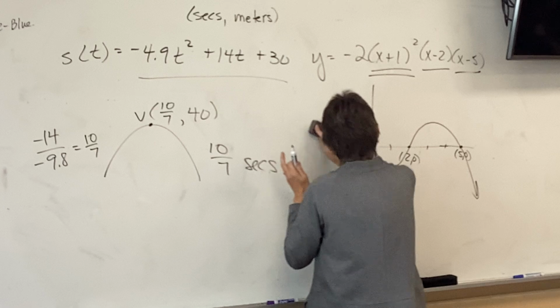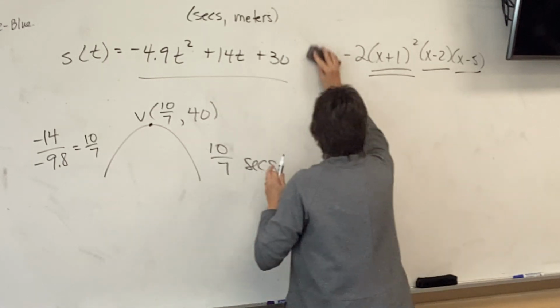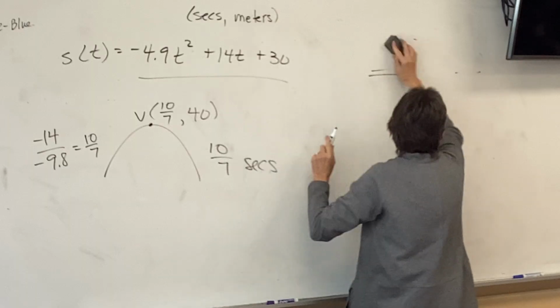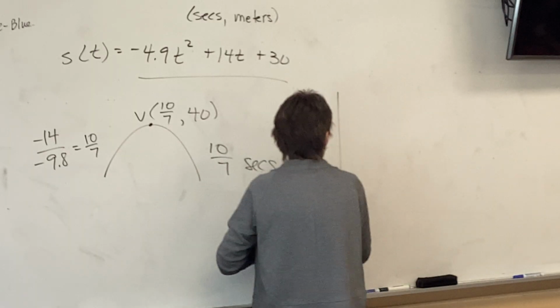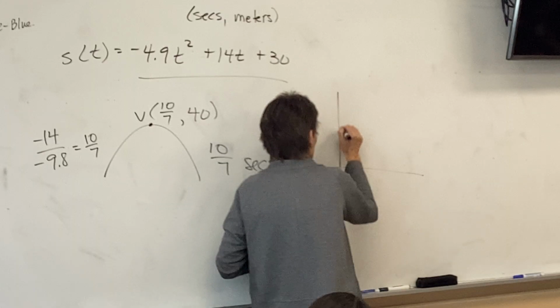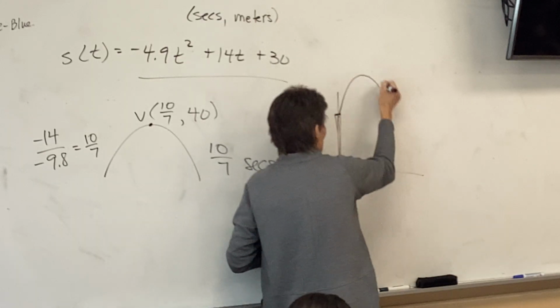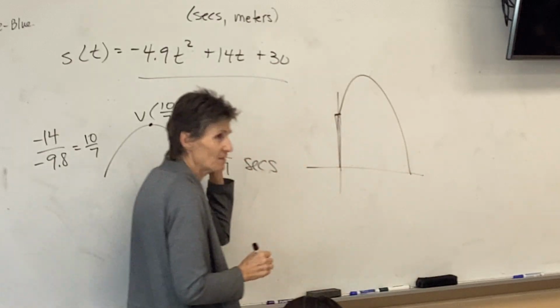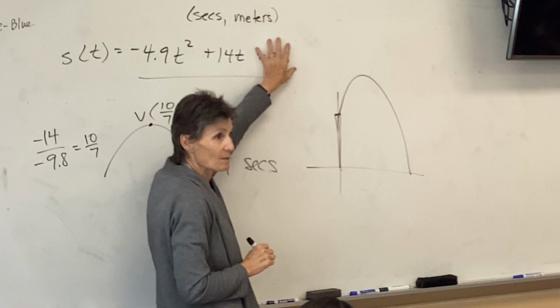Well, you have to be careful with this one. This one's a little bit different because it has that 30 on there. So that means, here's a building right here, 30 feet tall. This is a picture that was 0.